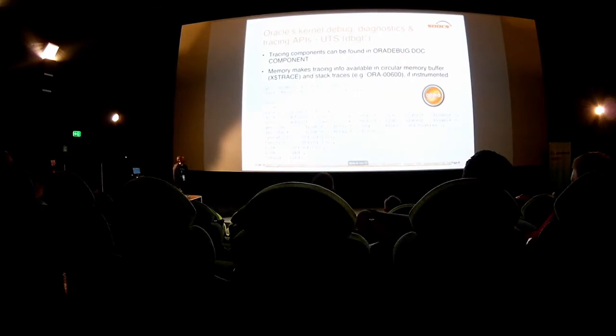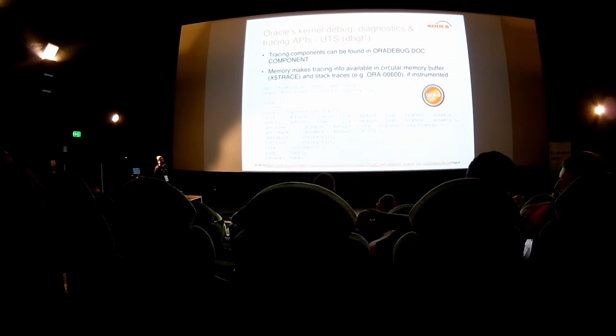And now let's go to the UTS interface. It's already also documented in oradebug. And that's how Oracle adds new tracing events or new tracing possibilities. That's the interface you need to go to when you have to check, maybe you hit an ORA-600 and get a stack trace, and you see a C function on top, and maybe you want to know more about it, want to trace the C function or whatever.